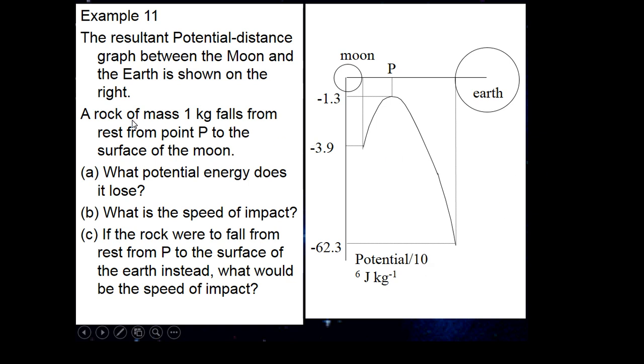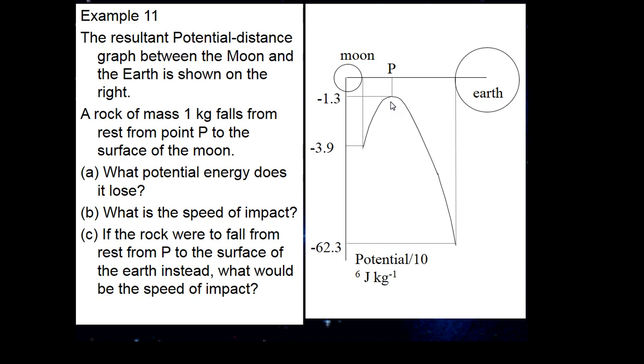Right, so the first question. A rock of mass 1 kg falls from point P towards the surface of the moon. What potential energy does it lose? Is it joules per kilo or just joules? Joules, because here it is just joules. Right, so that is for you to fill in. Very good, the axis there is for you to fill in.